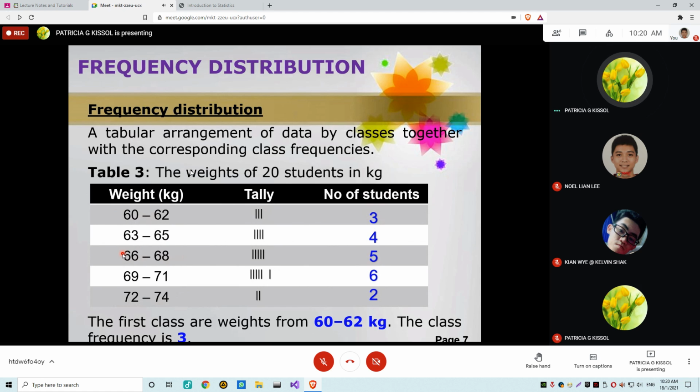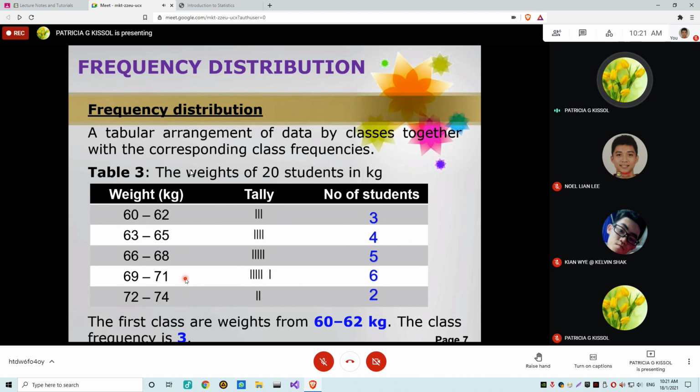The majority of the students are from 66 to 71 kg. So say this school wants to order uniforms for the students, they know what size to order.